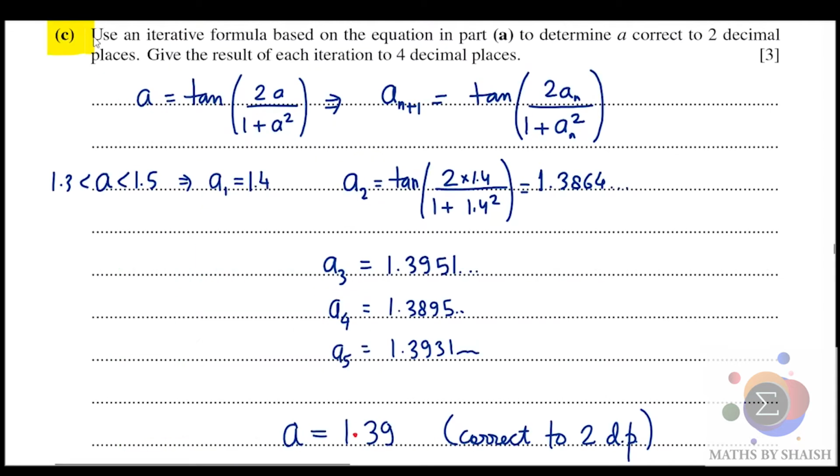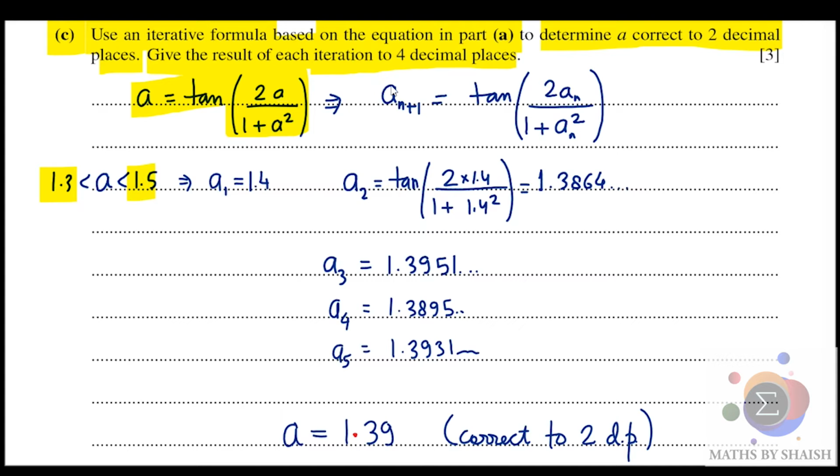C part: use an iterative formula based on the equation in part a to determine a correct to 2 decimal places. And it says to give the result of each iteration to 4 decimal places. So from the first and second parts, we have seen that a equals tan inverse of 2a over 1 plus a square has a root between 1.3 and 1.5.